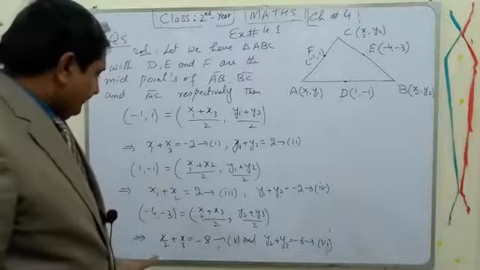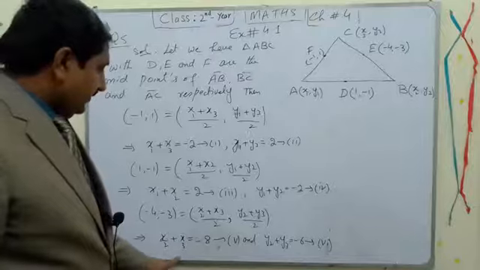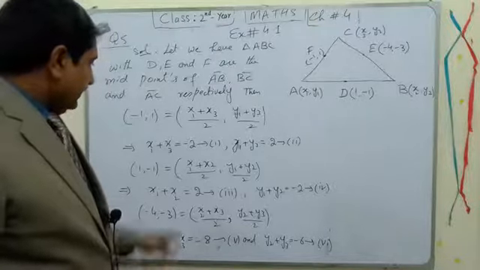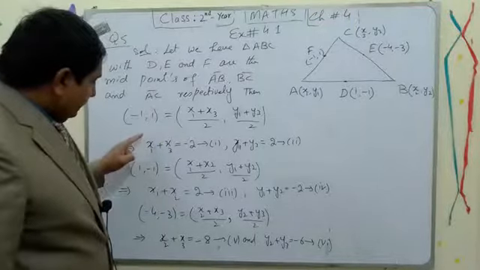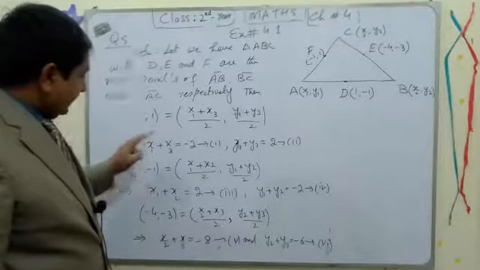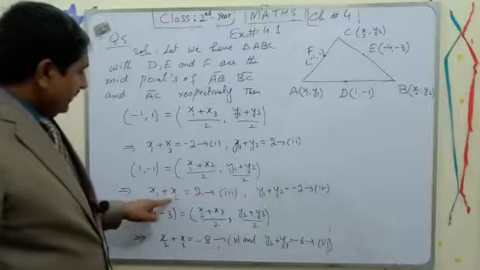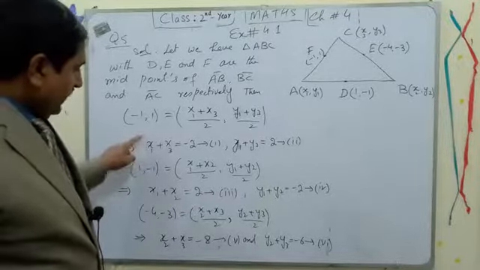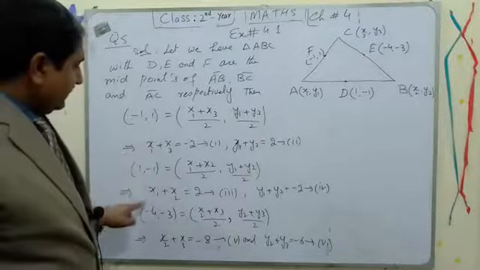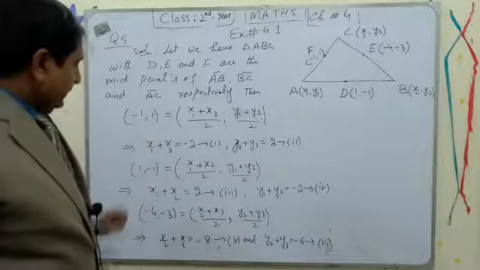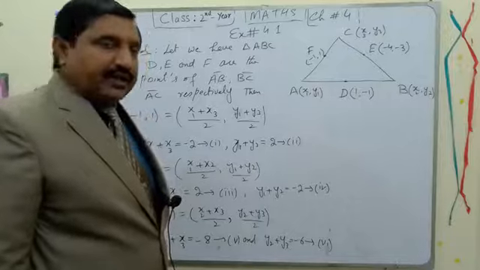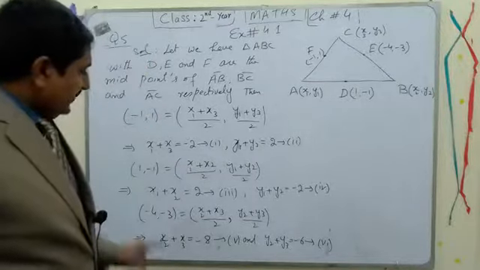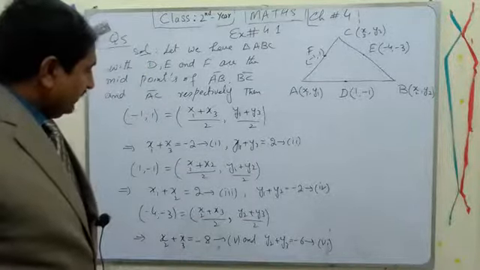We have x1 plus x2, x2 plus x3, and x1 plus x3, right? When we subtract equation 1 and equation 3, x1 will be cancelled out and we get an equation in x2 and x3. Then we solve this equation with equation 5.